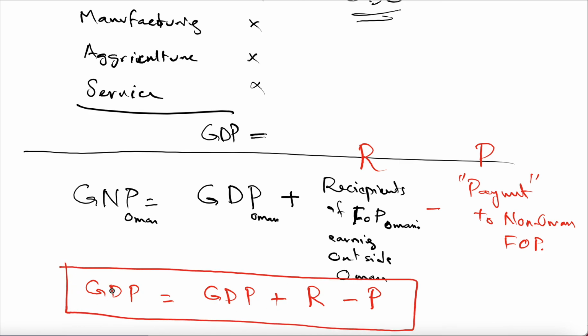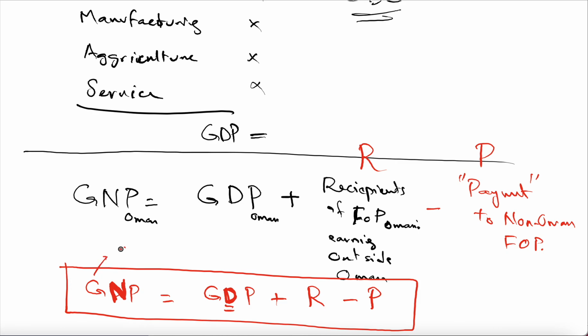Sorry, this is the GNP. Now you know the difference between the N and D. But the G and G are the same. Later we are going to make a distinction between G and another N, which is not national, it is net.